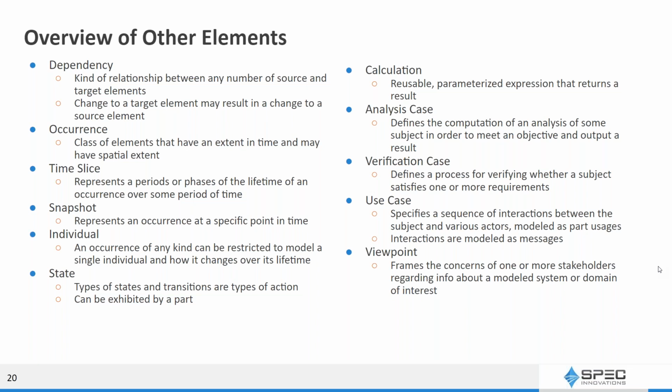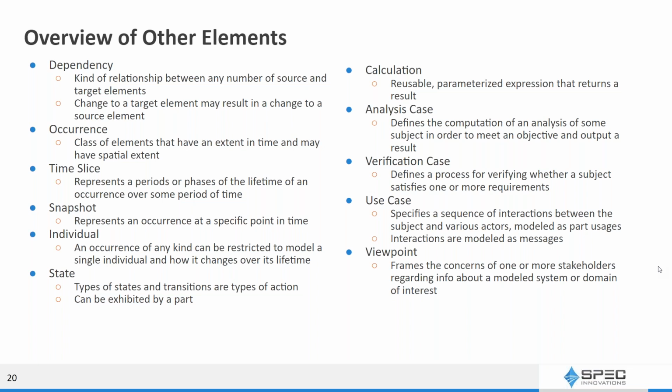And then we have cases. So there's an analysis case, verification case, use case. I also didn't put on here that there is like a trade-off case and an overarching case class as well that contains the four of them. So an analysis case defines the computation of an analysis of some subject in order to meet an objective and output a result.